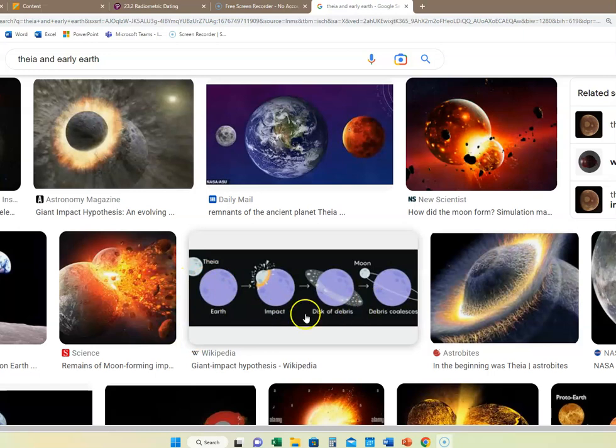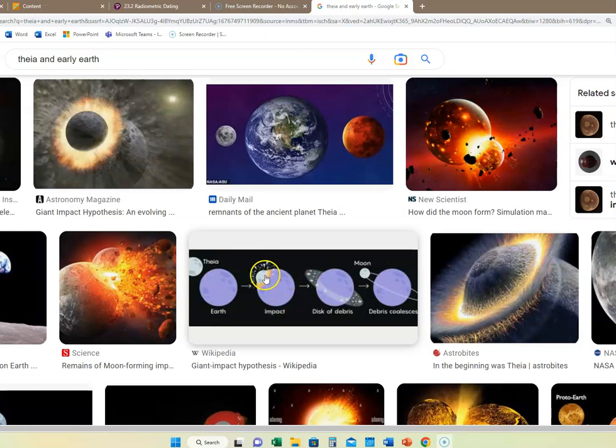Let's look at this picture right here, because this kind of shows it. So this is the early Earth during the Hadean period, the very beginning of the Precambrian eon. And Theia comes in and hits the Earth at a glancing angle, and that actually turns out to be really important, because that gives the Earth a tilt with respect to the sun.